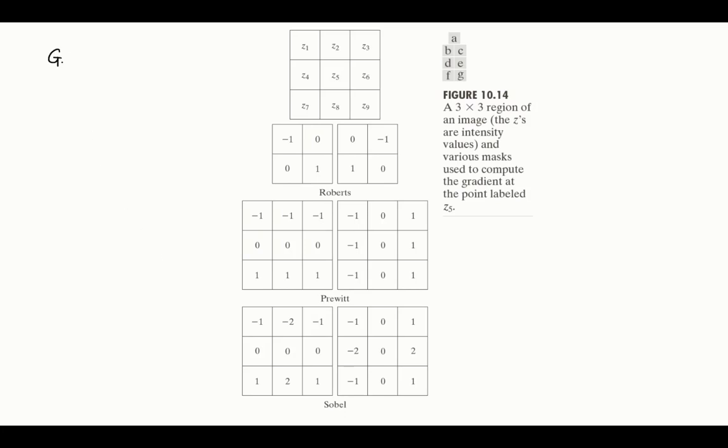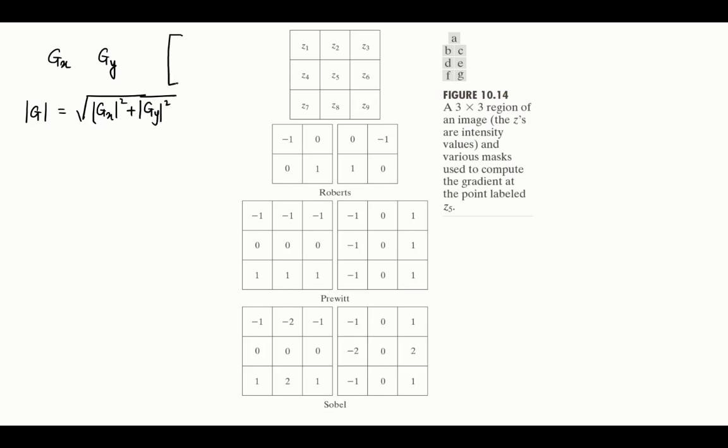Gx, Gy. And what this says is that if you're able to find gradient using these kernels along x direction and along y direction, then the actual magnitude is simply square root of Gx square plus Gy square, right?